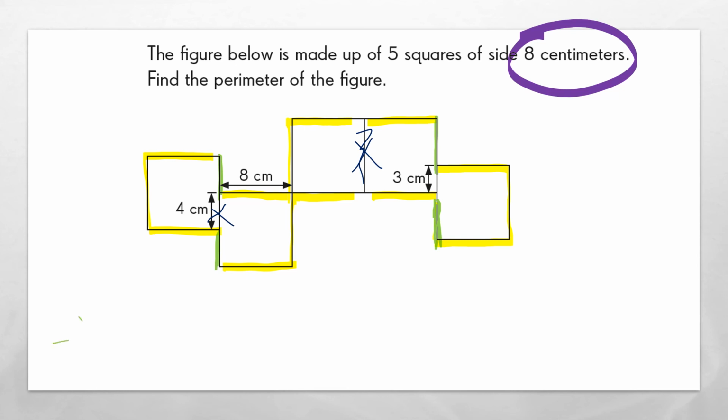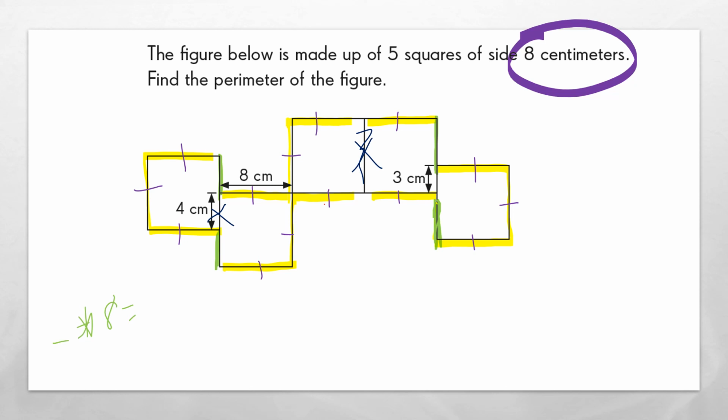So how many groups of 8 are there? So I have 1, 2, 3, 4, 5, 6, 7, 8, 9, 10. Ooh, see, I missed one. 11, 12, 13, 14. Kind of want to go through that again because I feel like I messed up.